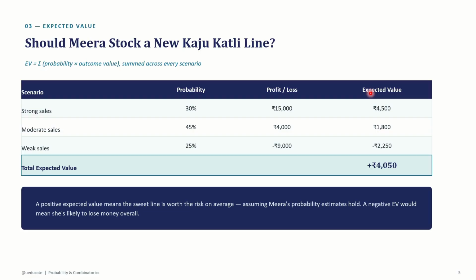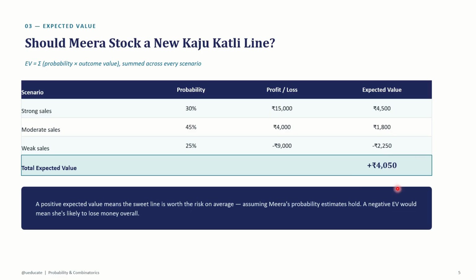30% of 15,000 is 4,500, 45% of 4,000 is 1,800, 25% of negative 9,000 is negative 2,250. And then those add up to 4,050 rupees.